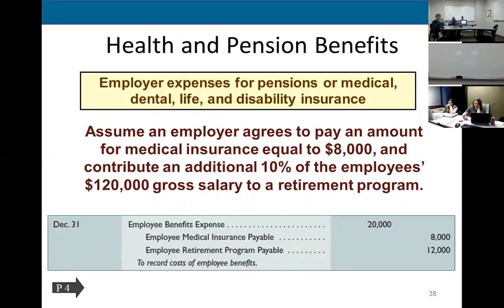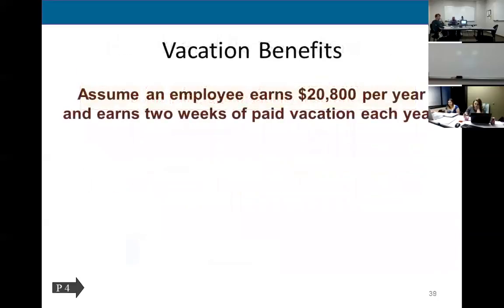The employee benefits expense. Okay, and of that $20,000, $8,000 would be credited going into medical insurance payable. So we're going to make $12,000, or 10% of $120,000, $12,000 into the retirement program.